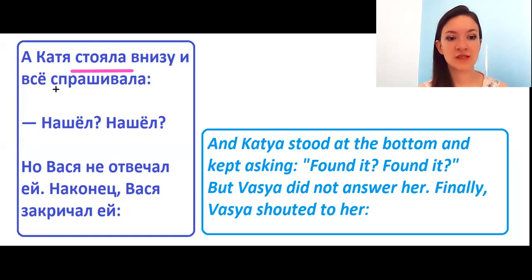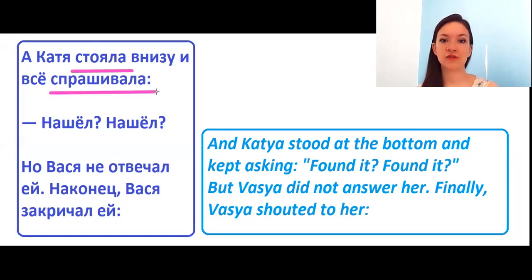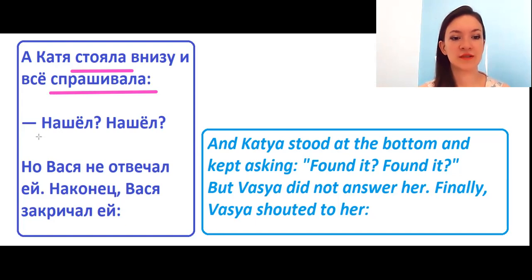И все спрашивала. Спрашивала. Also, we use imperfective because this was the repetitive action. She asked many, many times, like, did you find it? Yeah. So here we have two verbs.